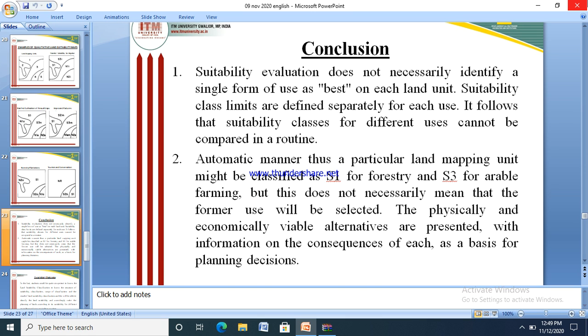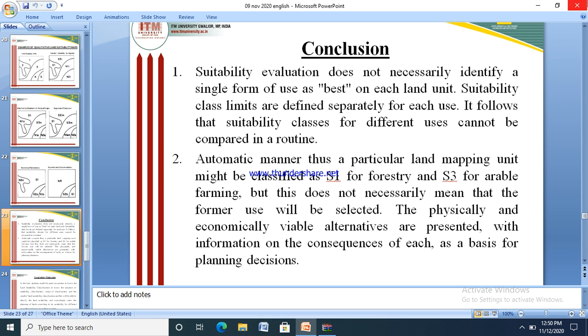Now I can conclude this lecture. Suitability evaluation does not necessarily identify a single form of use for each land unit. Suitability class limits are defined separately for each use. It follows that suitability classes for different uses cannot be compared in a routine automatic manner.